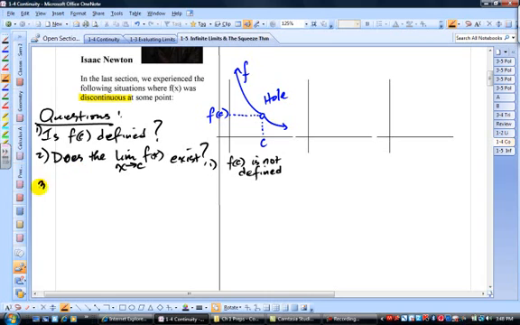And then third question, does the limit of f as x approaches c equal f of c? Okay, I'm going to ask you those three questions for each graph.